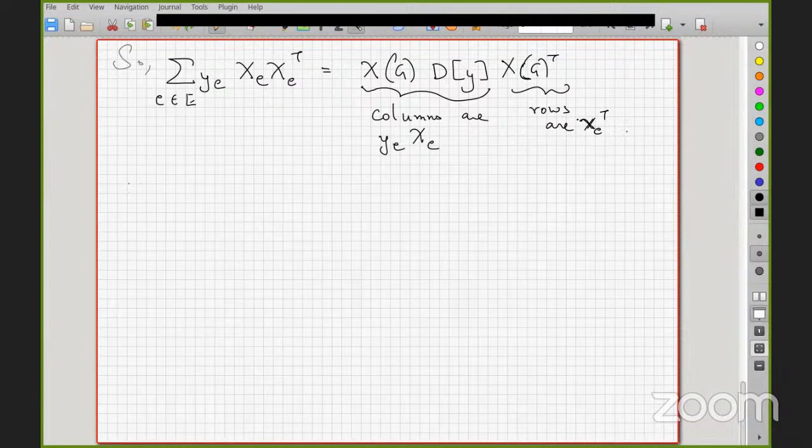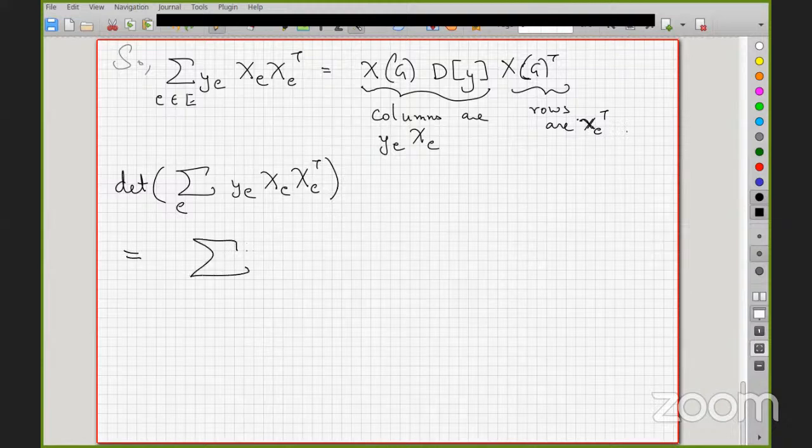Okay, so now let's apply Cauchy-Binet to this. What does the Cauchy-Binet formula give us? It says we have to go over all subsets of M, so all subsets of edges. But what is the size of the subset? n-1.